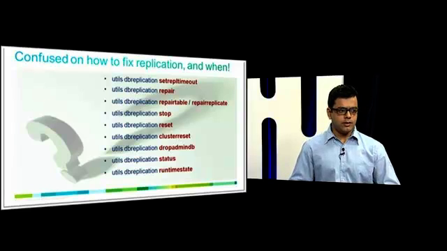The next command is the utils dbreplication cluster reset. Now, you'd hear this from a lot of UC engineers in Cisco. Try and avoid using this command as far as possible. What this really does is it's really a debugging command, and it's not the best command to use to repair replication and to fix it.